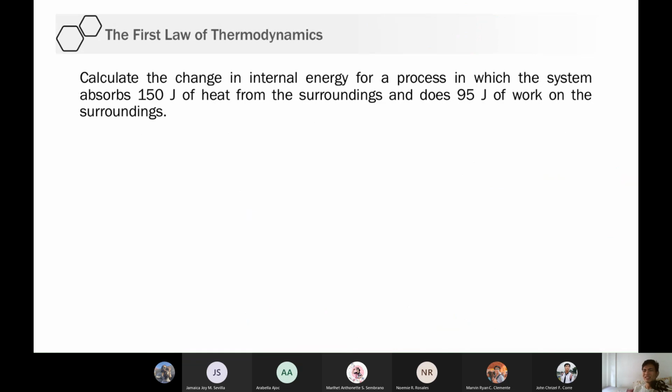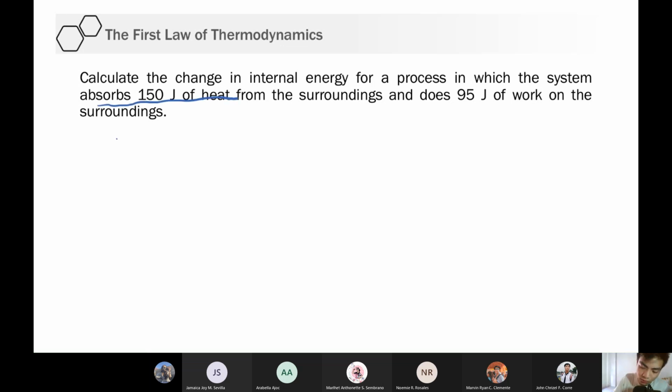Now, let's try to apply the first law of thermodynamics. Delta U equals Q plus W. Calculate the internal energy for a process in which the system absorbs 150 joules of heat from the surroundings and does 95 joules of work on the surroundings. Now, basahin maigi. The system absorbs heat.